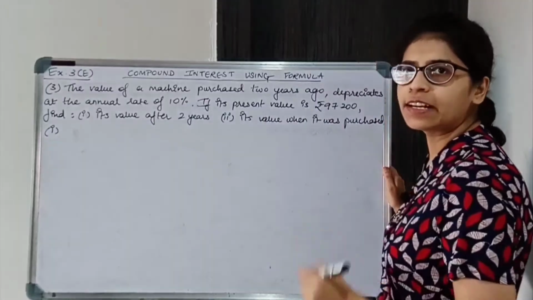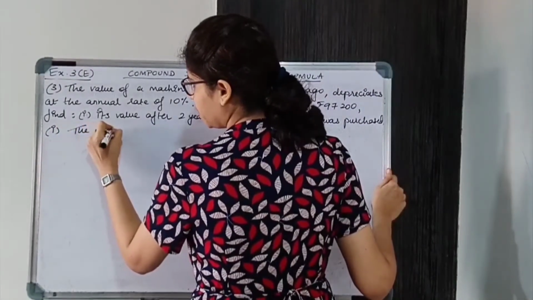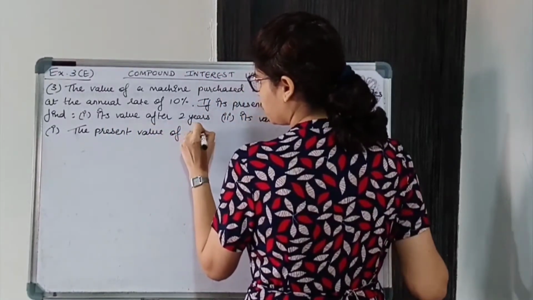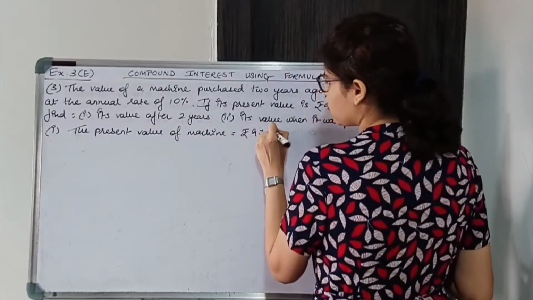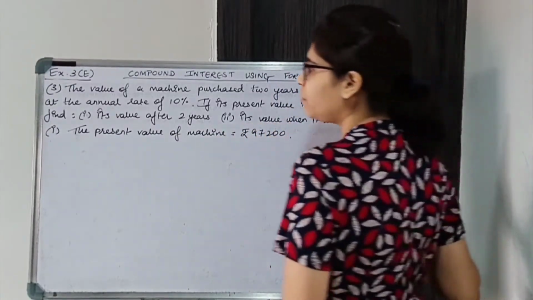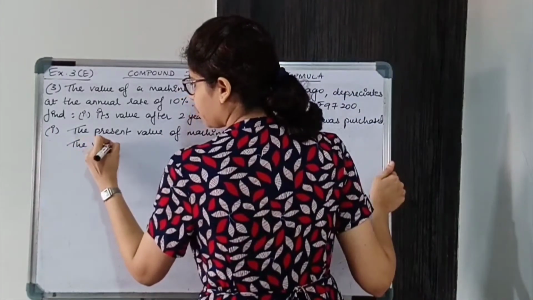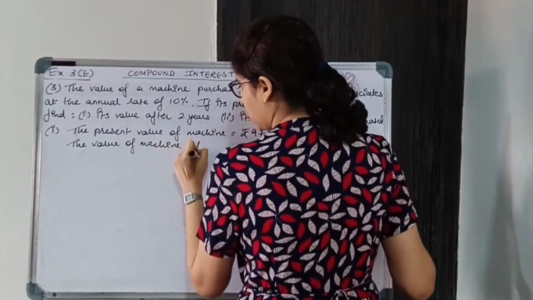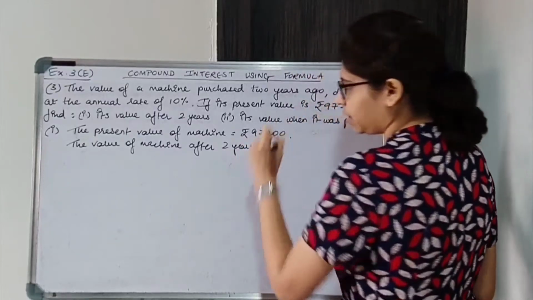Now first we'll write down the present value of the machine. So the present value of machine is rupees 97,200. We need to find the value after 2 years. So the value of machine after 2 years we need to find.